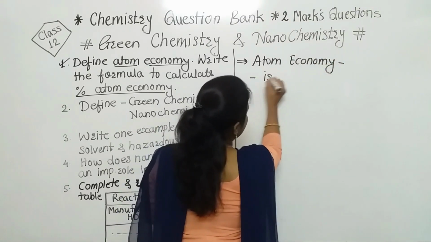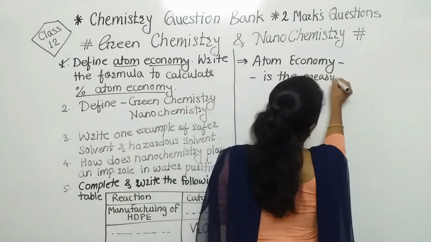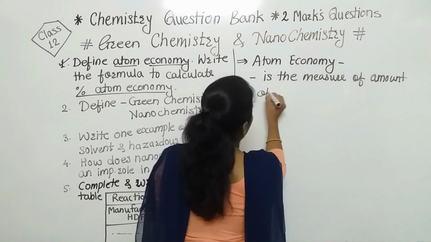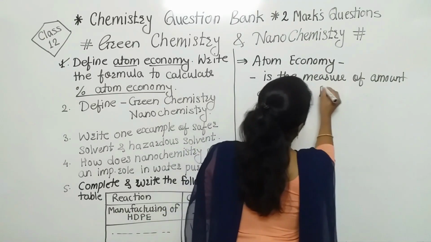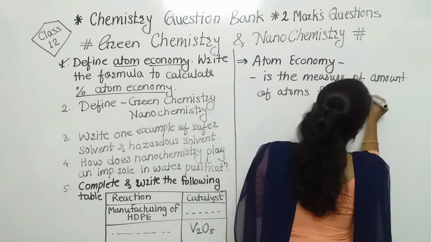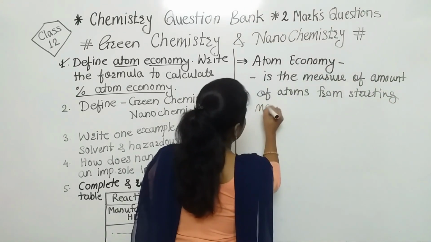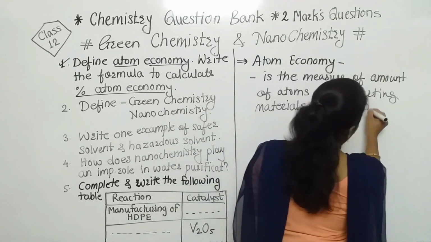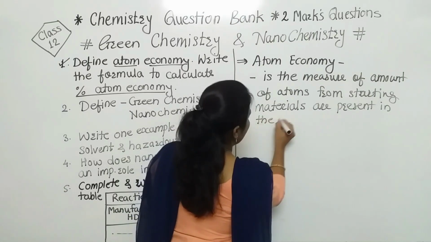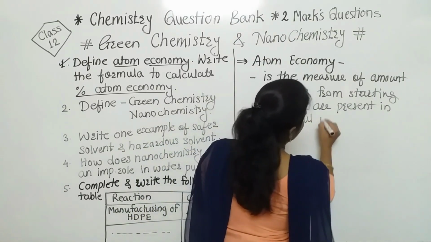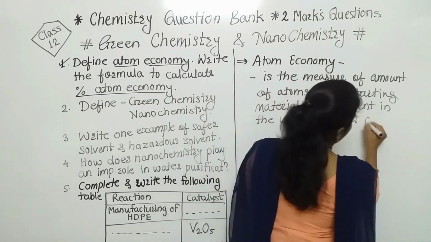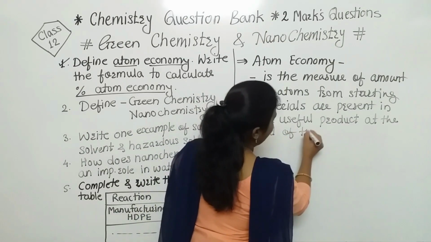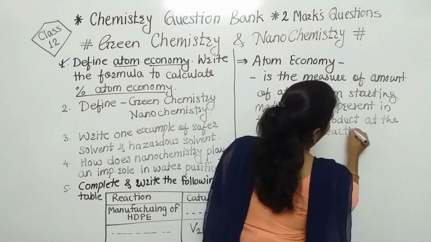Atom economy is the measure of the amount of atoms from starting materials that are present in the useful product at the end of the reaction, and this is nothing but the atom economy.